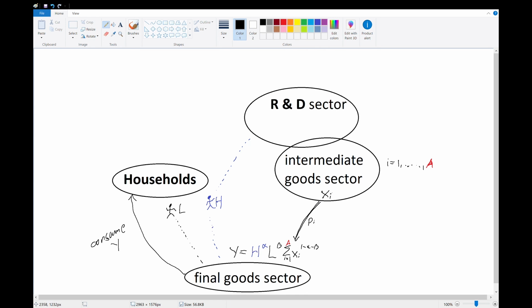So this is very important to remember, that 1 minus alpha minus beta is more or less the inverse market power of intermediate goods firms. And in fact, 1 divided by 1 minus alpha minus beta is actually the markup that this sector charges over its marginal costs, for this price here.